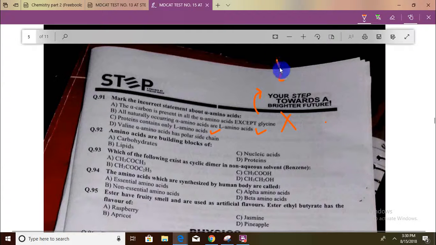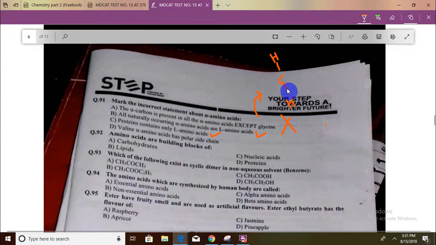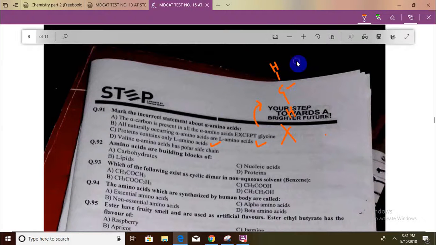Think about it, if we draw the structure, they're saying that the alpha carbon is present in all the amino acids except glycine. I do think it's present over there as well, because this is the alpha and it's over there.